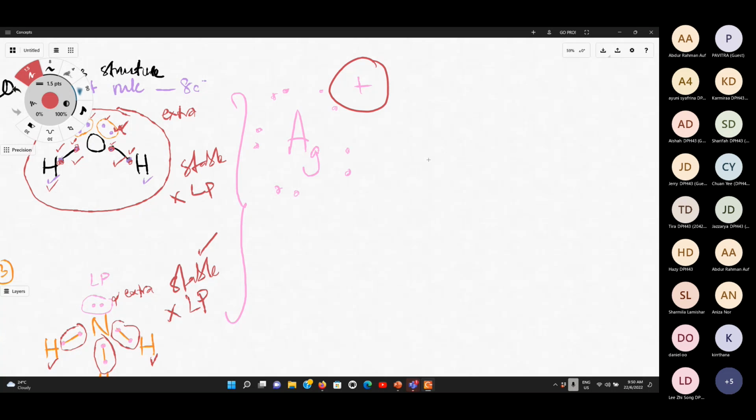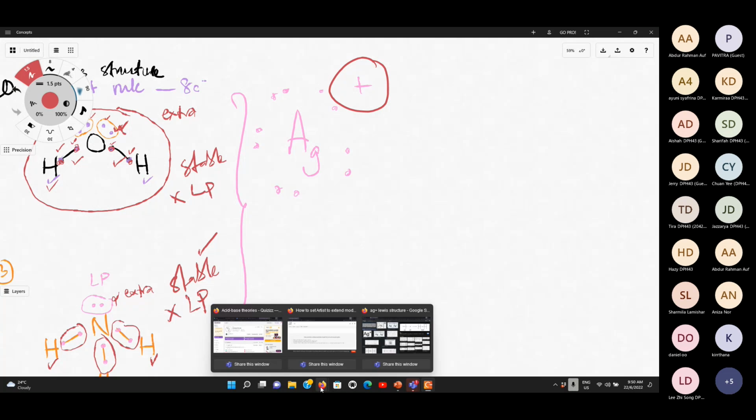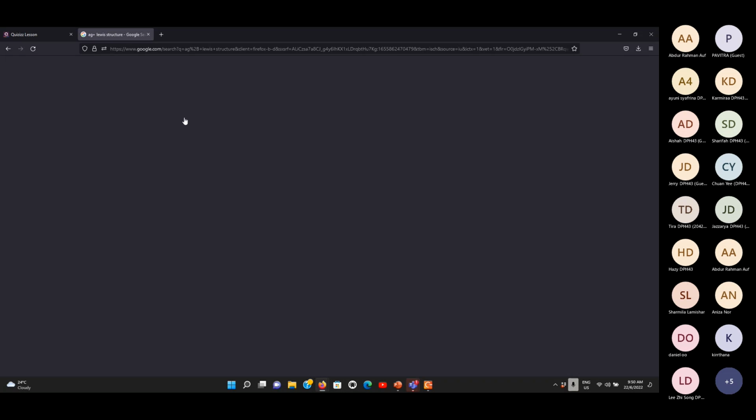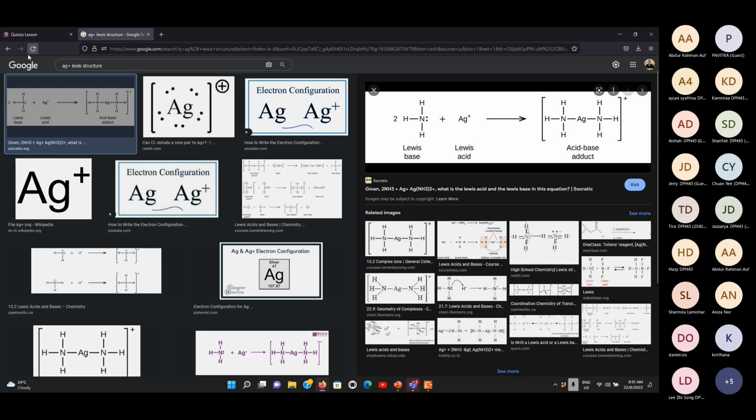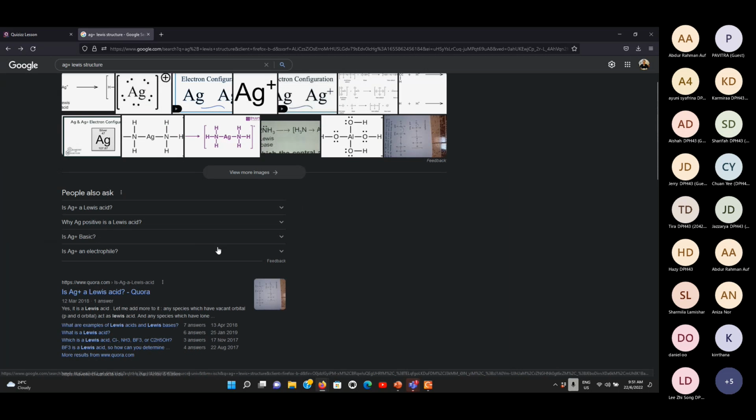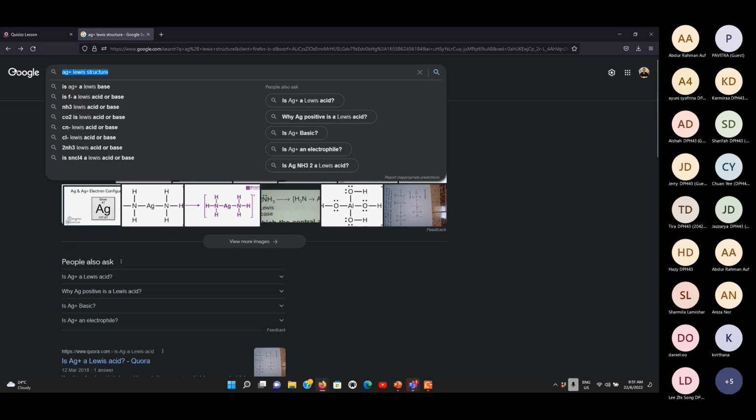Okay, so silver dia terletak the grouping in the periodic table of elements adalah dalam transition metal. That means dia also duduk dalam block D. So dalam block D dia boleh hold as much as 10 electron.